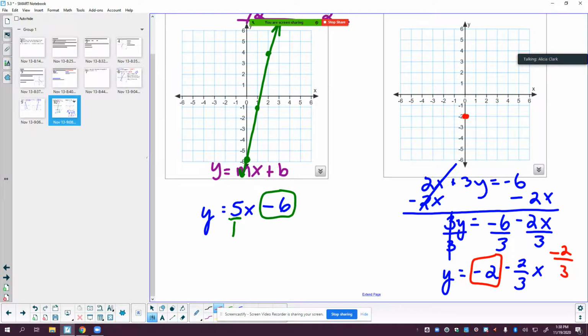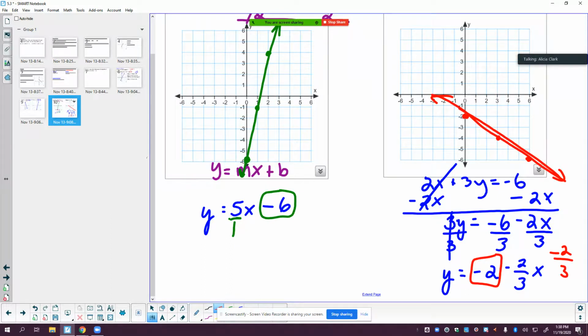I'm going to go down 2, and then +3 sends me to the right, 1, 2, 3. That's going to put it right there. I can do that again, down 2, to the right 3. Hopefully your line's a little straighter than mine.